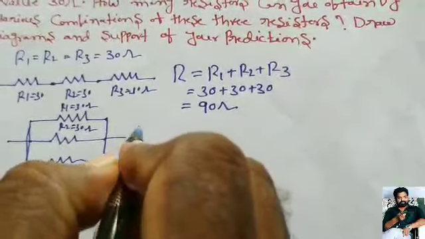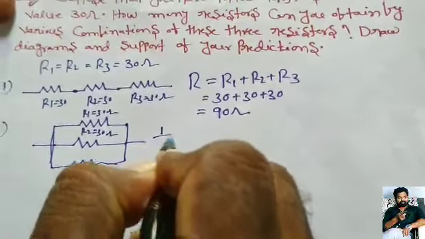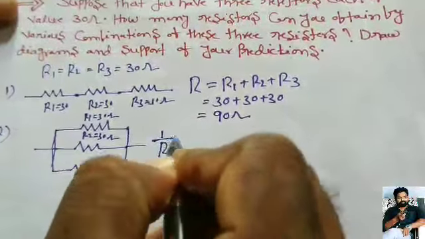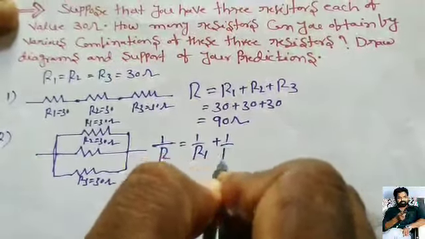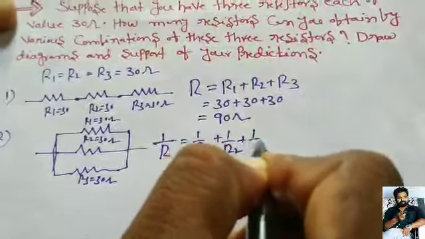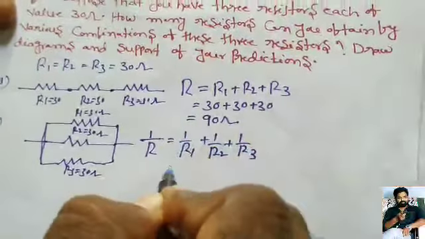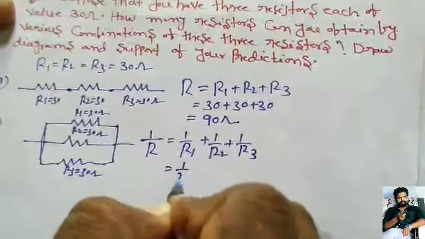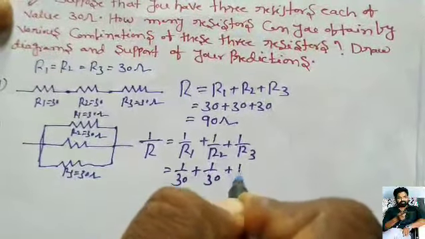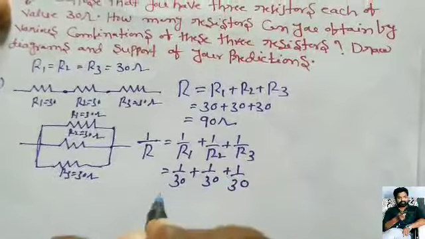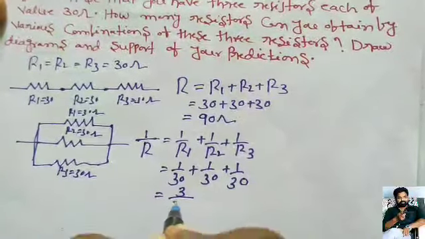So the formula is 1 by R equals 1 by R1 plus 1 by R2 plus 1 by R3. That is 1 by 30 plus 1 by 30 plus 1 by 30. That is 3 by 30.